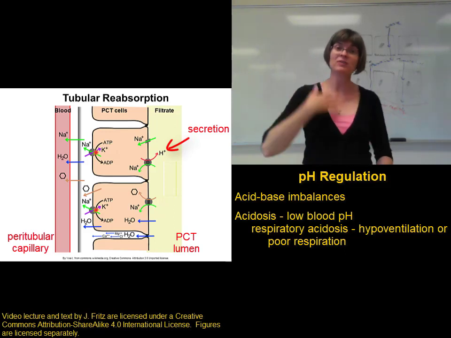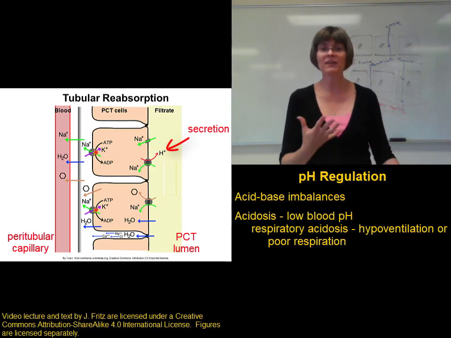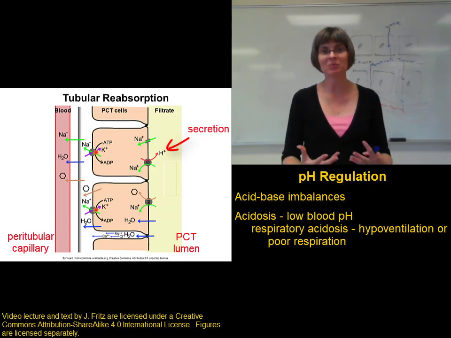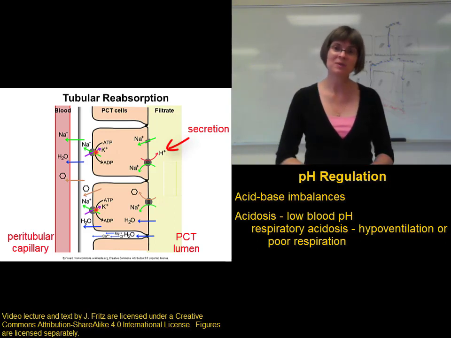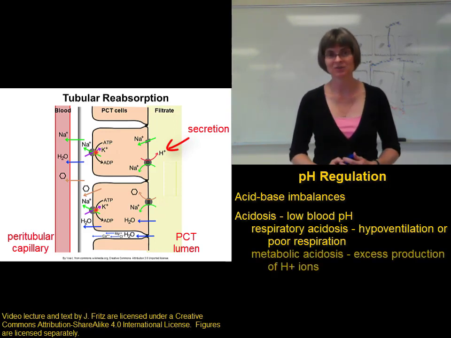Perhaps plenty of air is moving in and out, but we're not exchanging gas across the respiratory membrane. So poor ventilation or poor respiration causes a buildup of carbon dioxide in the blood that decreases the pH and causes respiratory acidosis. There's also metabolic acidosis.